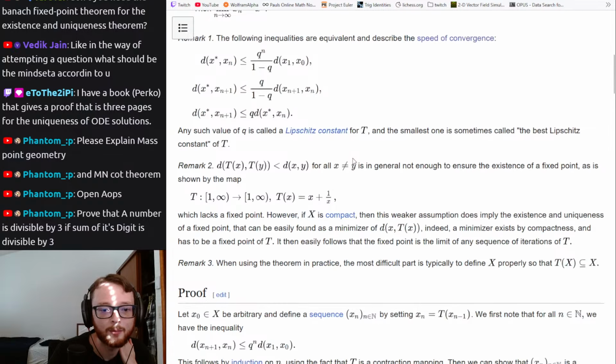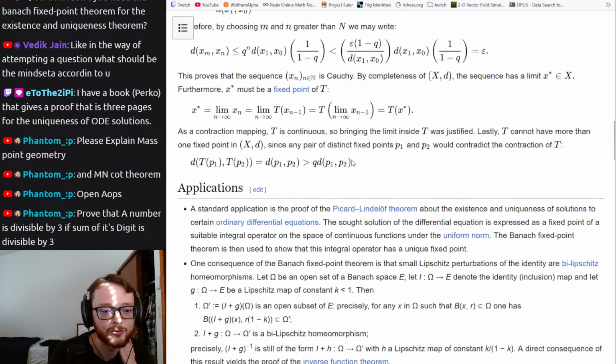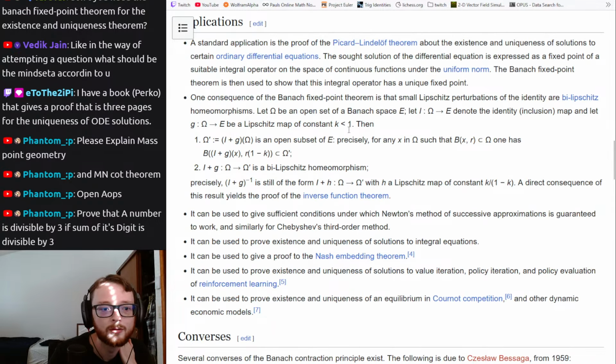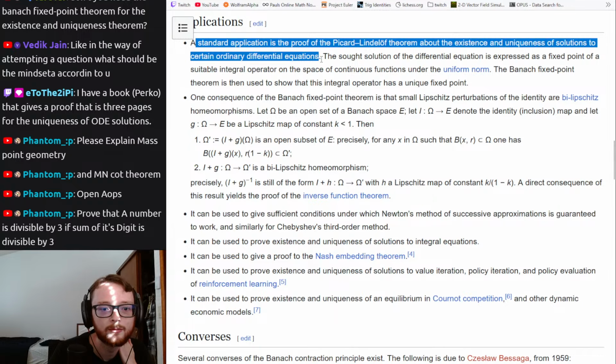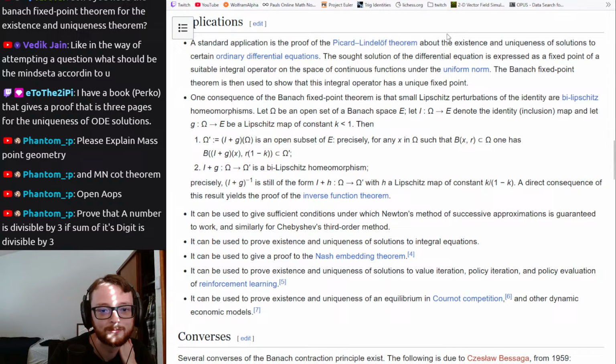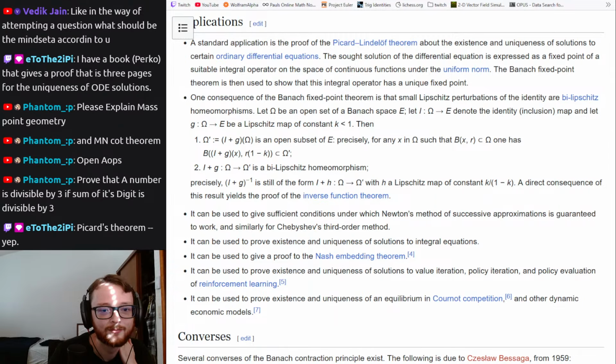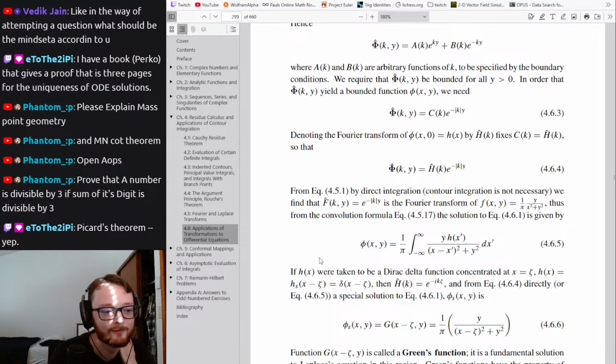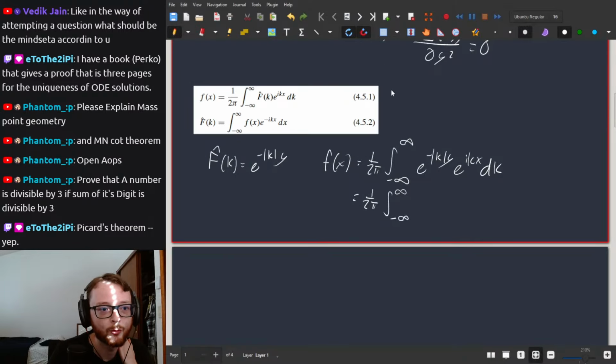I mean, maybe this comes up for the differential equation stuff. I don't know. Oh yeah, hey, there you go. Yeah, sorry, Phantom. I'm just going to keep on going with the studying that I'm doing right now.